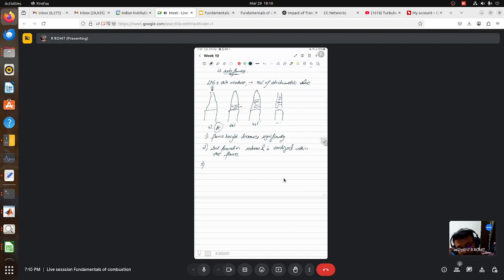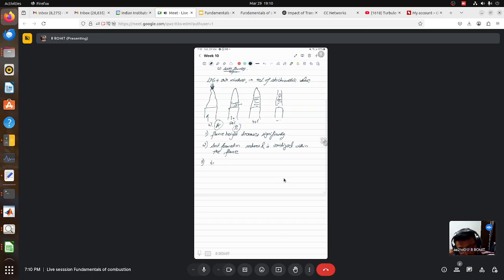So your A and B, if you see, A had an opening where soot comes out, because you had completely fuel coming there. And once you have fuel plus 20% of air, you see that the flame gets closed.